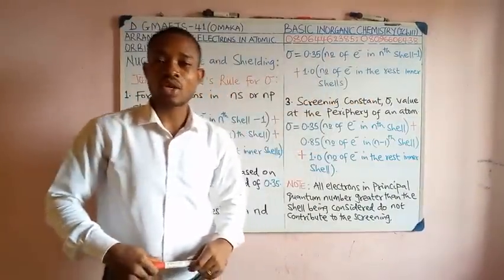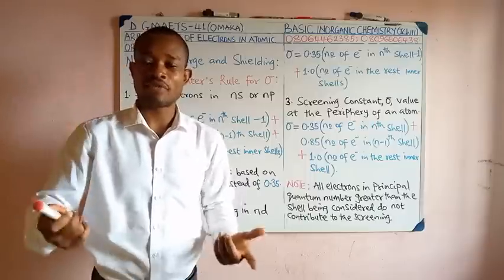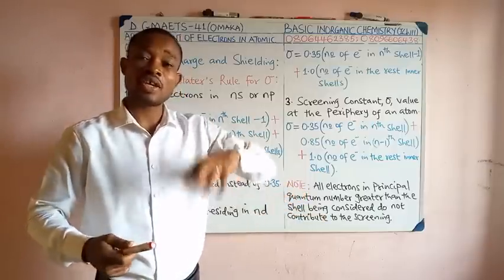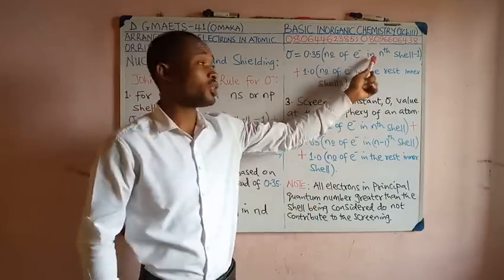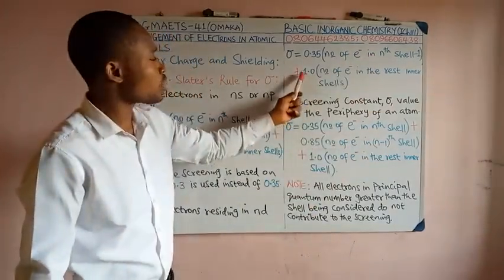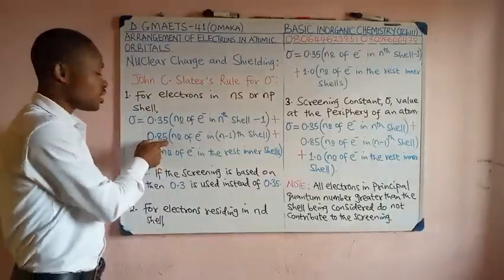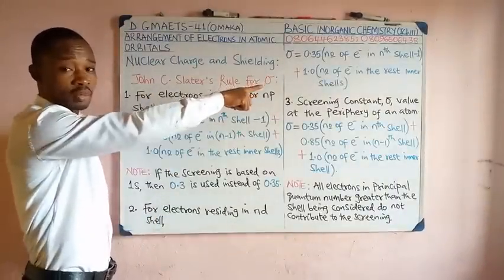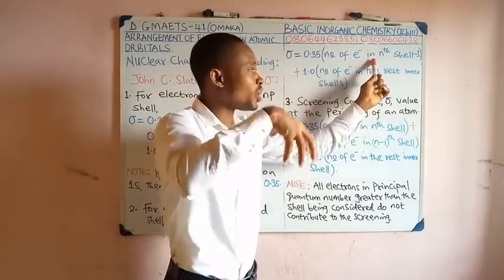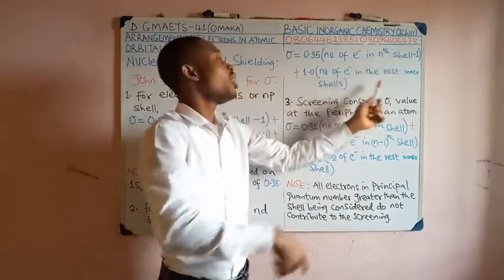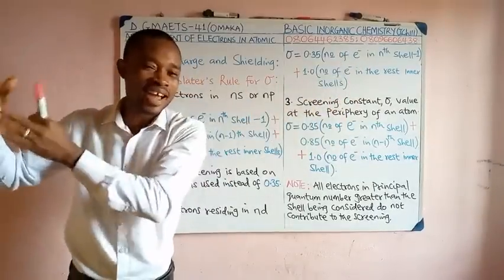So just imagine that your calculation is based on the 4d orbital. And maybe you have 4d9, for example. Then the n shell there is the 4. So the number of electrons there will be 9 minus 1, which you're going to put in here. Then it's going to be plus 1.0 times the number of electrons in the rest inner shells. Did you take note that there is no 0.85 in that formula? So once you multiply 0.35 by the number of electrons in the n shell, where your question is based, minus 1 electron from it, all you need to do now is 1.0 times the number of electrons in the rest inner shell.